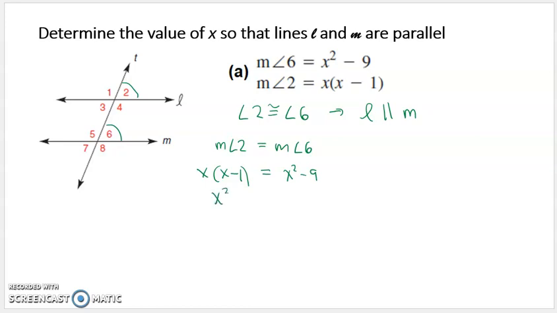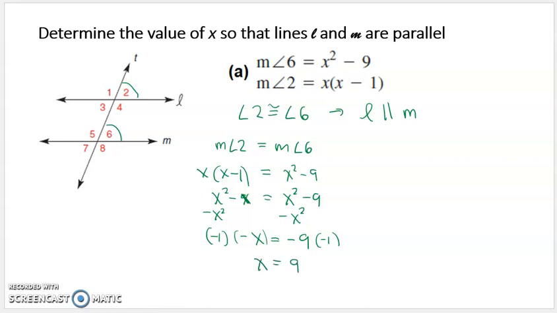So x squared minus x equals x squared minus 9. Subtract x squared from both sides, which leaves negative x equals negative 9. Then if I multiply both sides by negative 1, I get x equals 9.